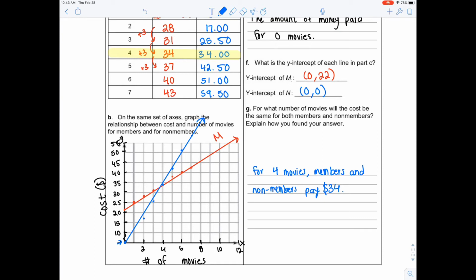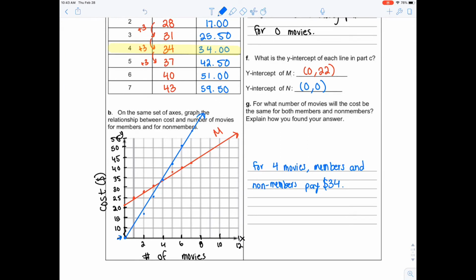Okay, and explain how you found your answer. Well, how did we find the answer? We looked at the table. Yeah, we filled out the table and we found our answer. So honestly, you guys, I would say I used the table and saw that 4 movies cost $34 for both.